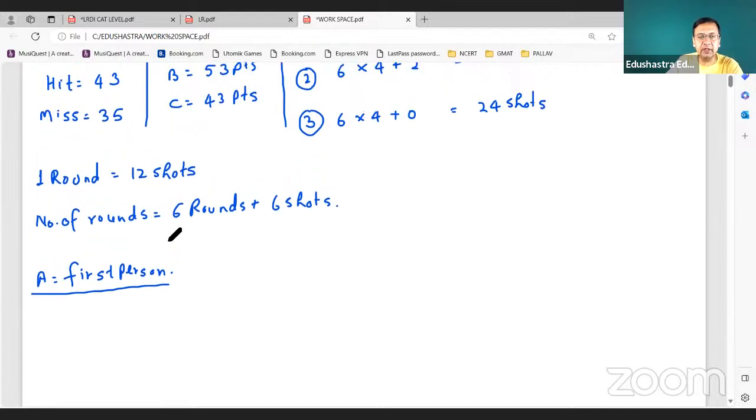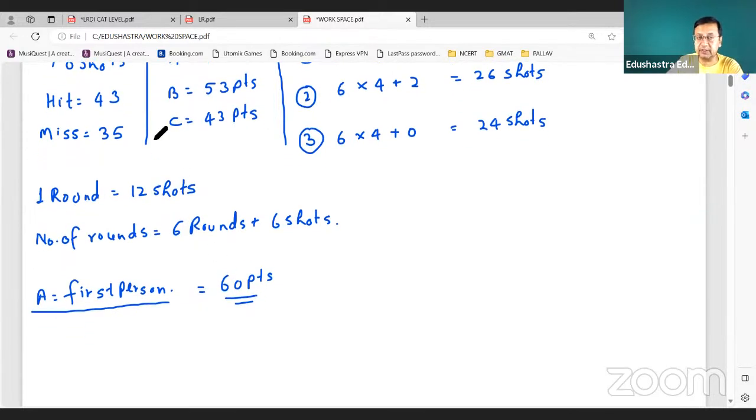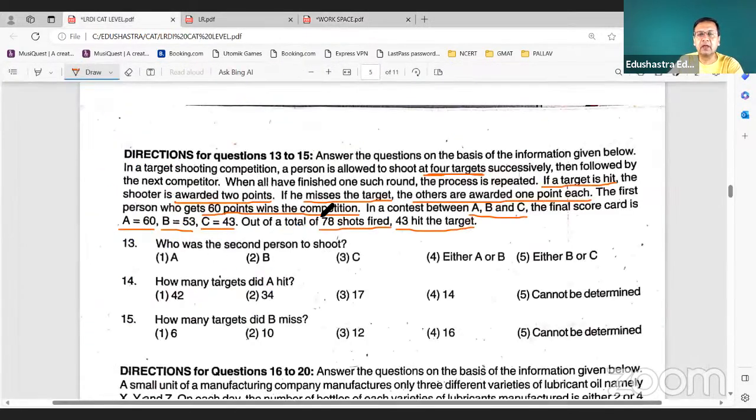And we know here that A is scoring 60 points, right? Okay. Now come to the very, very crucial part in this question. This says if a target is hit, the shooter is awarded 2 points, and if he misses the target, the others are awarded 1 point each, right?